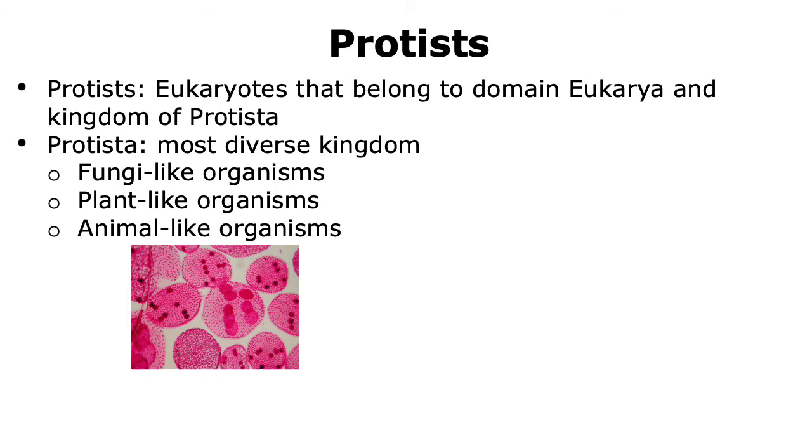We also have animal-like organisms in the kingdom of Protista, and these are mostly unicellular organisms that do not have a cell wall, and they are heterotrophs.